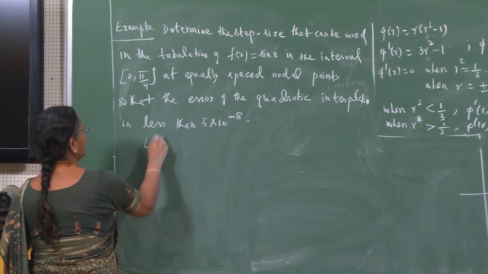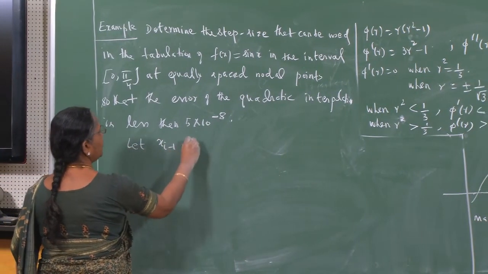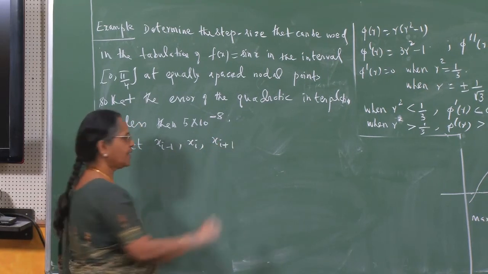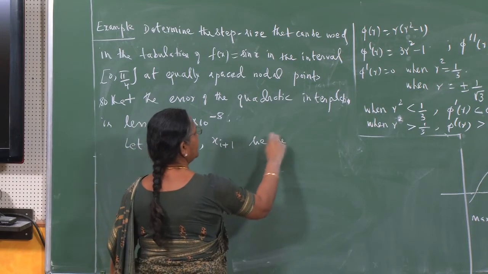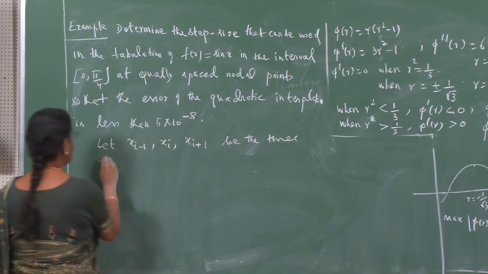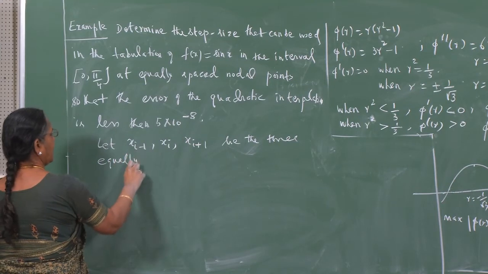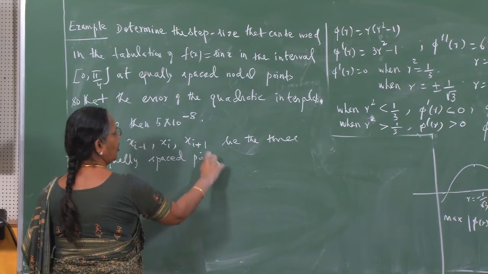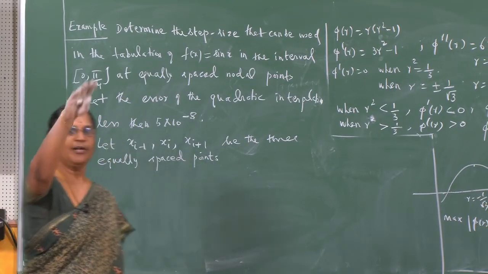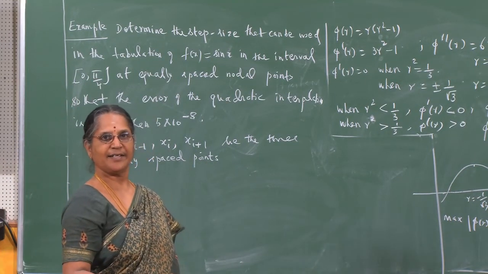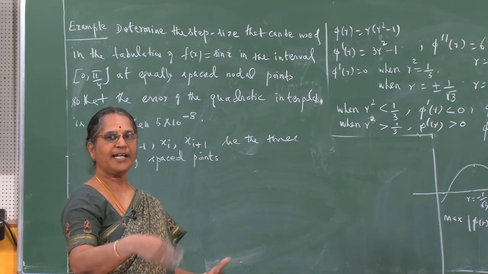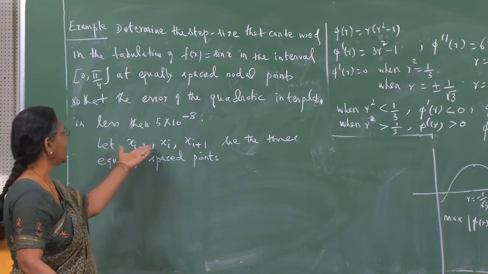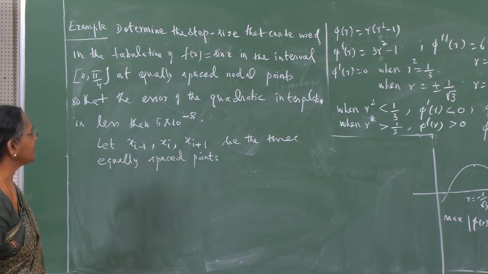So, let us take x i minus 1, x i, x i plus 1 to be the 3 equally spaced points, which we want to choose from the table of values of sin x, and then interpolate the function sin x by a quadratic polynomial that interpolates the function at these 3 points.